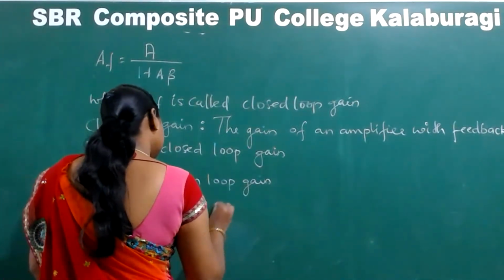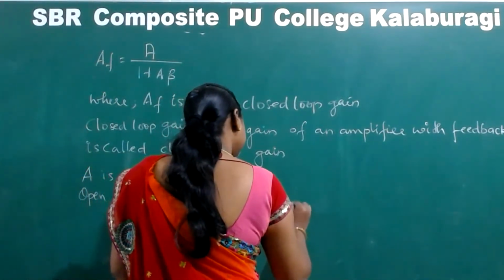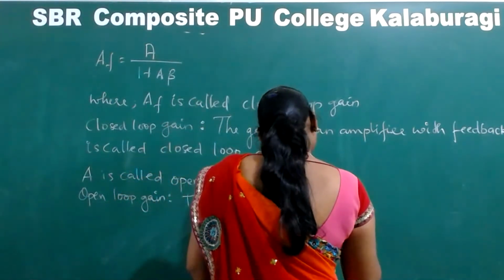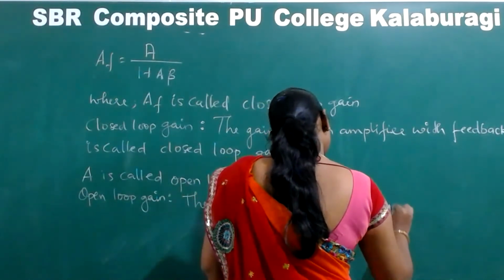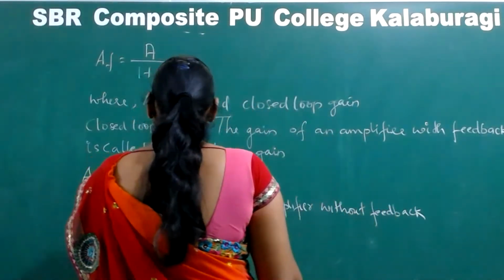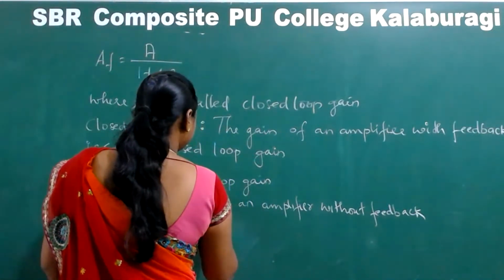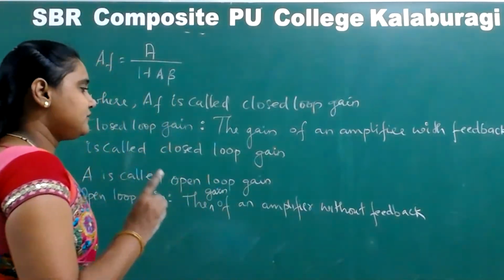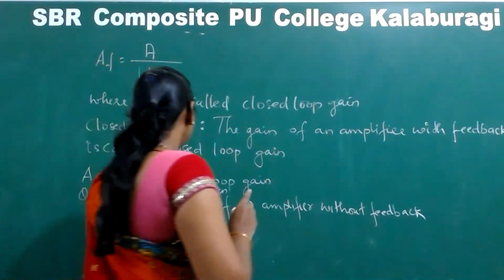The gain of an amplifier without feedback. I missed the word gain earlier. The gain of an amplifier without feedback is called open loop gain.